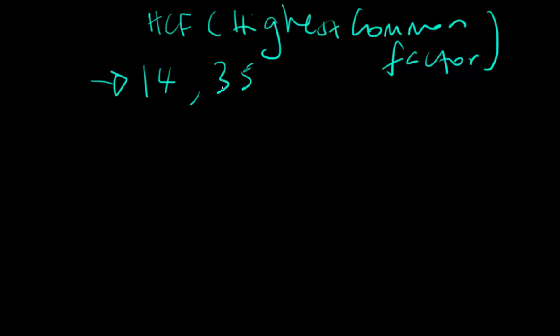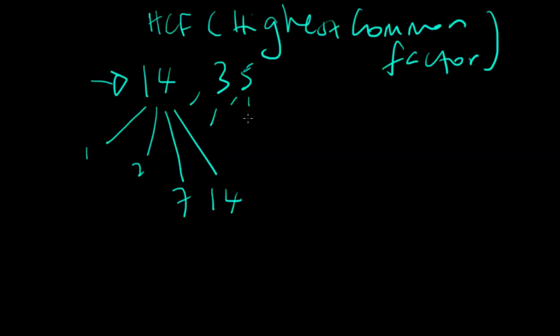Now the longer way to do this is to list down all the factors of 14. So the factors of 14 include 1, 2, 7 and 14, right? And you do the same for 35. Factors of 35, you have 1, 5, 7, and 35, right?